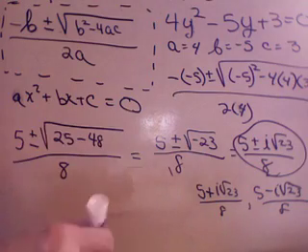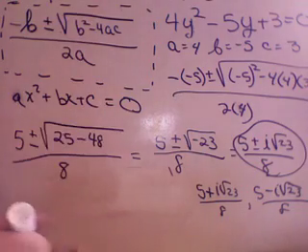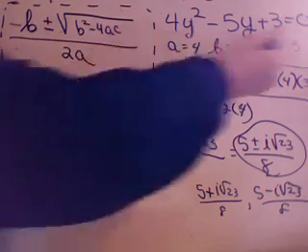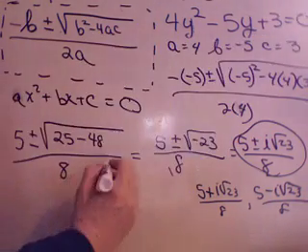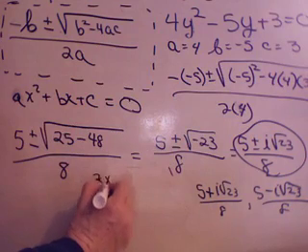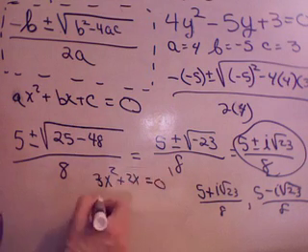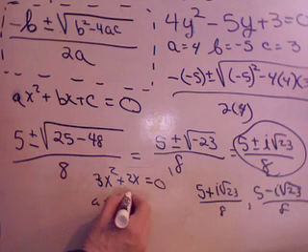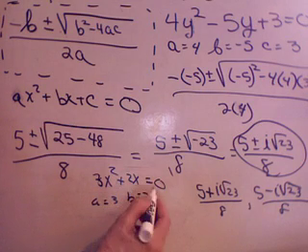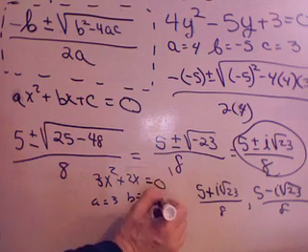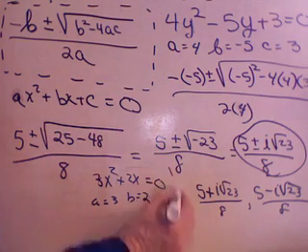One last thing. When you're solving using the quadratic formula, sometimes you get an equation that has some of the parts missing. For example, if I had something like 3x squared plus 2x equals 0, the a is 3, the b is 2, there's no c. So you're allowed to say c equals 0.